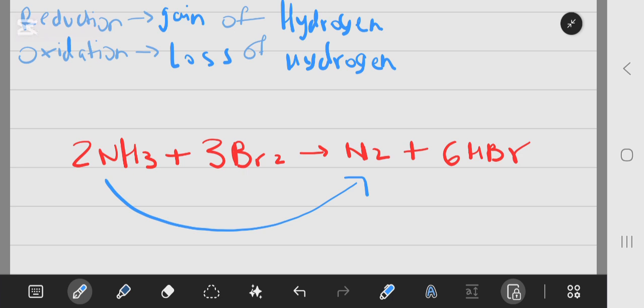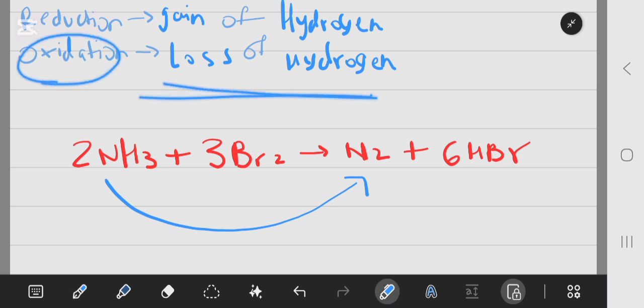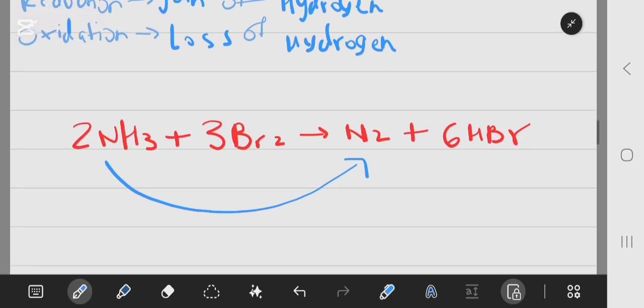So the loss of hydrogen is oxidation. I have written it up there. So I can say that N2 has been oxidized. Now that's taken care of. I think that leaves the last part very easy to solve.